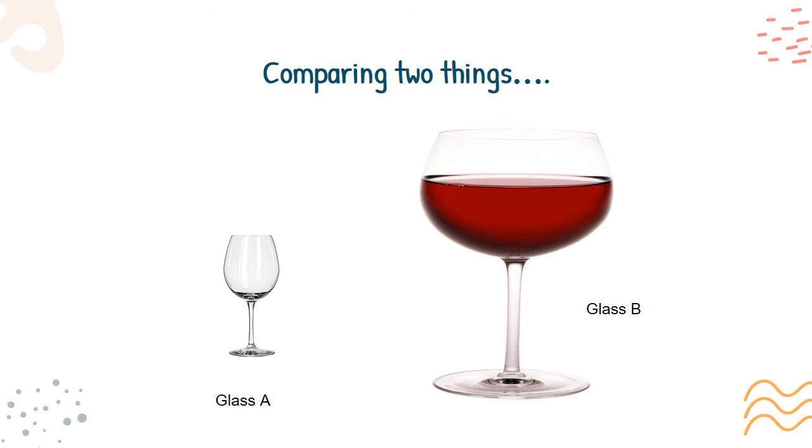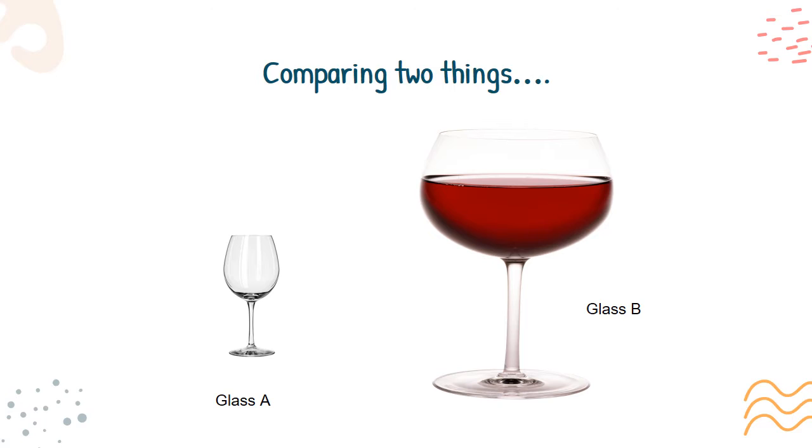Now let's have a look at these two pictures. We have glass A and glass B. When we are going to compare things, it means the object must consist of at least two objects or two things.